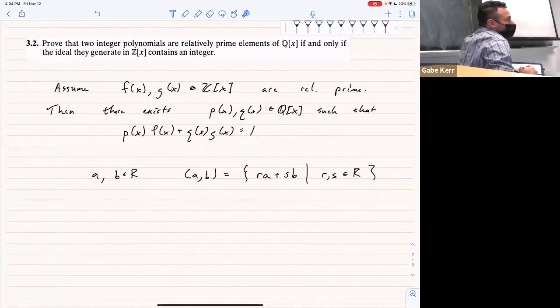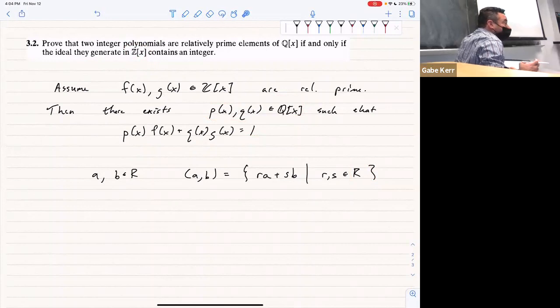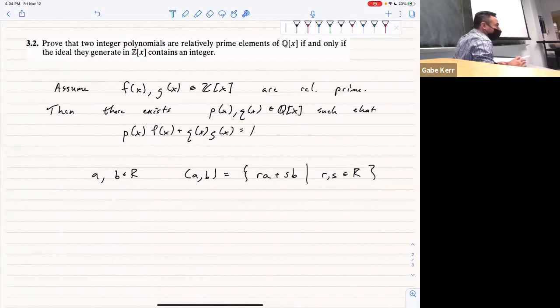What do I multiply by? Multiply the whole equation by something. By what? You look at P and Q, the coefficients are all rational numbers, something over something else. So what do you want to do?